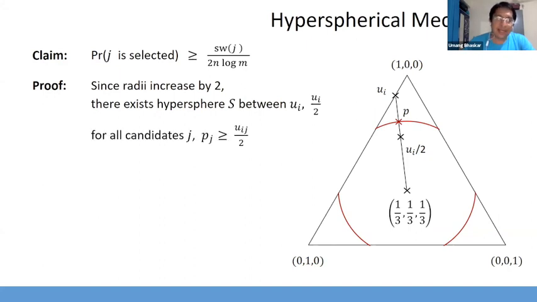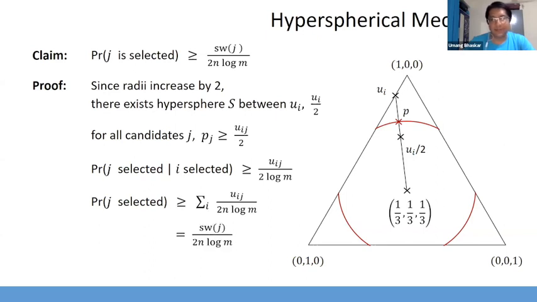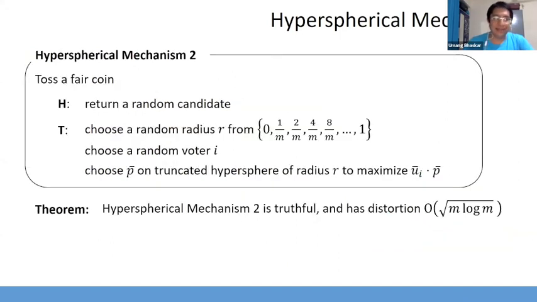This means that for all candidates J for this hypersphere, the probabilities must be at least uij by 2. Because of that, you can write down the formula, write down the numbers, and you will get what you want. So the doubling of radii is exactly what gives us what we want over here. Okay, cool. So that's my hyperspherical mechanism.